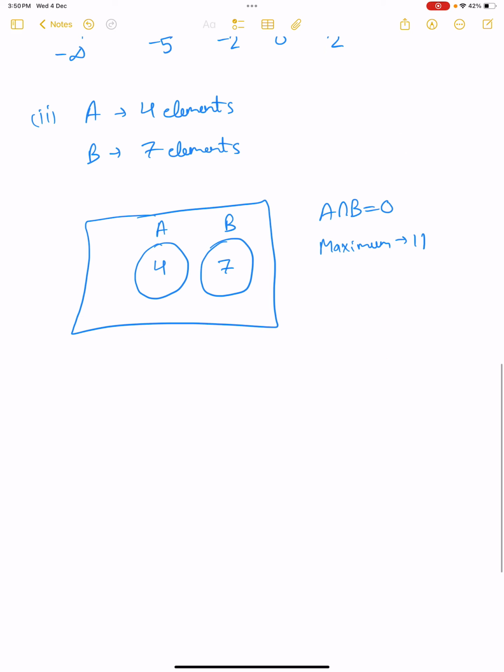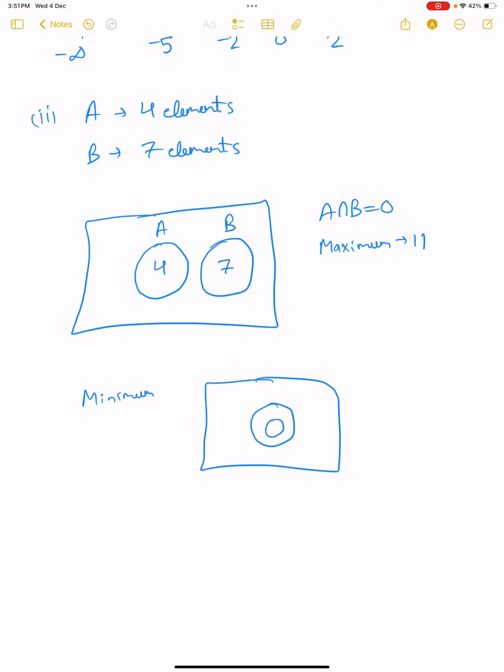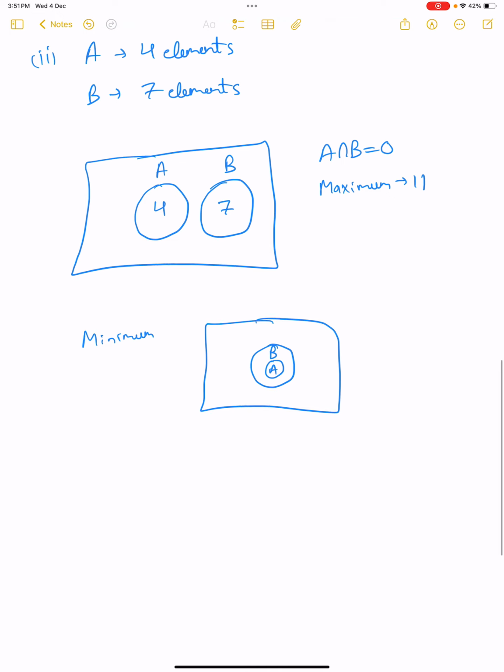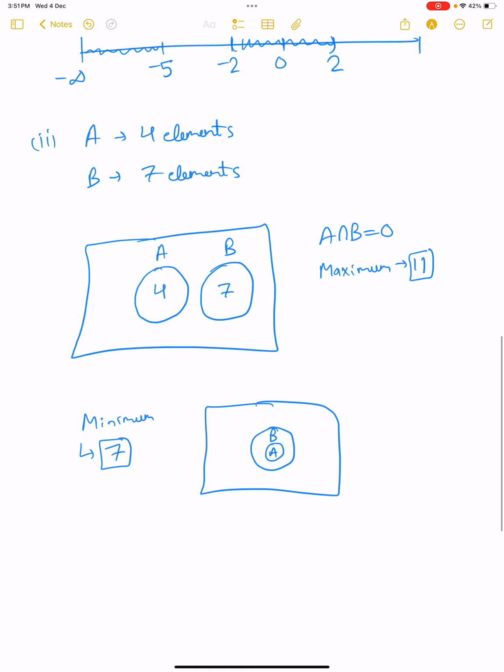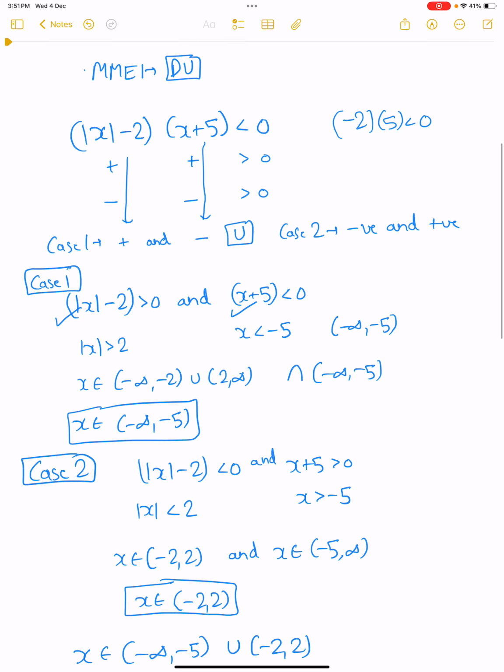Now if we want to find the minimum elements, when A is a subset of B, only then they would have the minimum elements, and in this case the minimum elements would be 7. This was quite straightforward, so I guess every one of you got it.